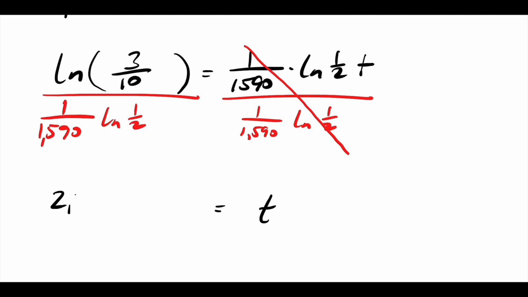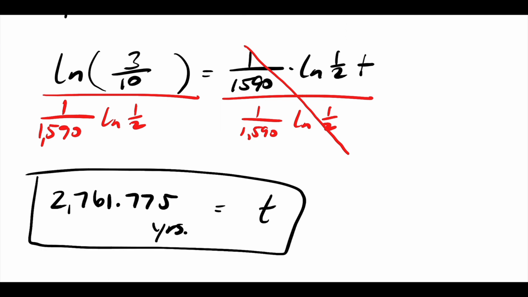You're going to get about 2,761.775 years. That's how long it would take until 30 milligrams is left. I should put the wavy symbol because it's not exact.